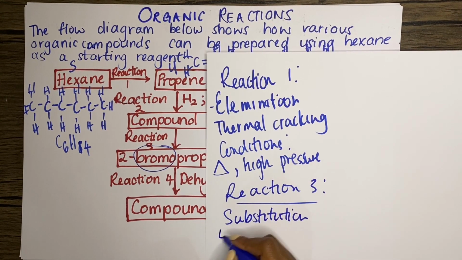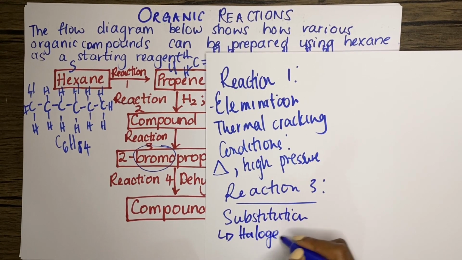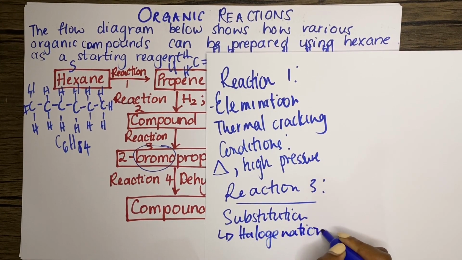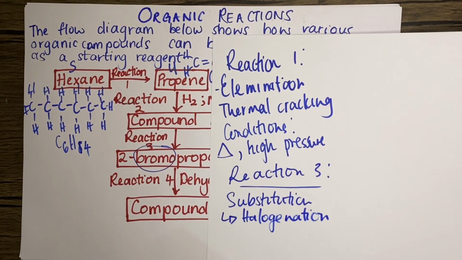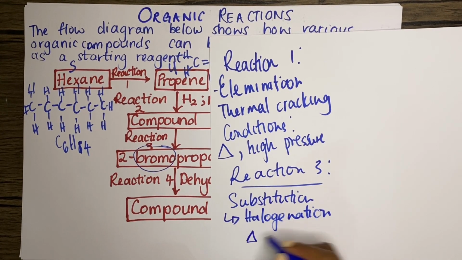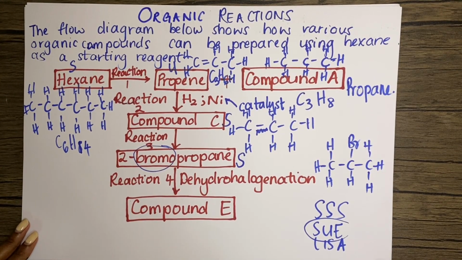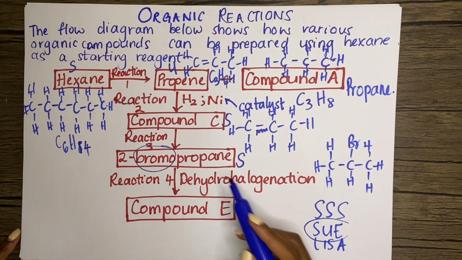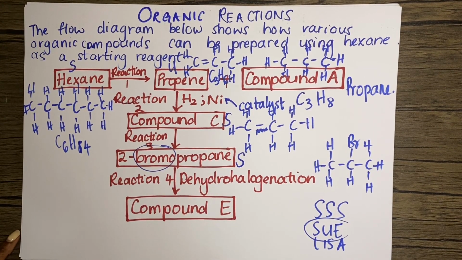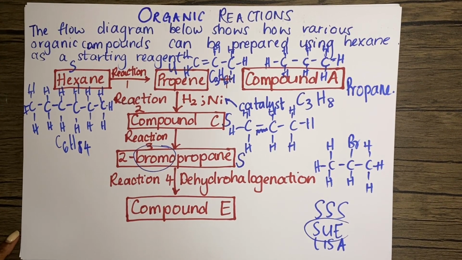The type of substitution is halogenation. And the reaction conditions are heat, right? And you have formed 2-bromopropane. They say this 2-bromopropane then undergoes reaction 4, which is a dehydrohalogenation.